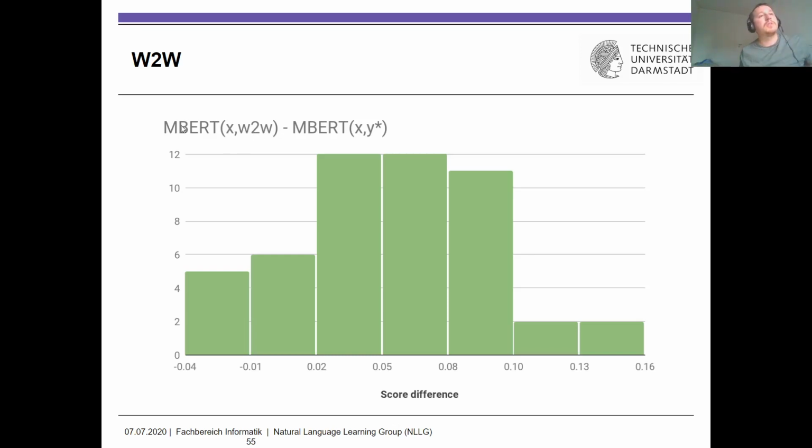And because machine translation systems tend to produce such word-by-word translations, then if we use multilingual BERT or LASER as a metric in the reference-free evaluation setup, they will say, okay, these are good translations, and those systems should be ranked very highly that produce such literal translations.